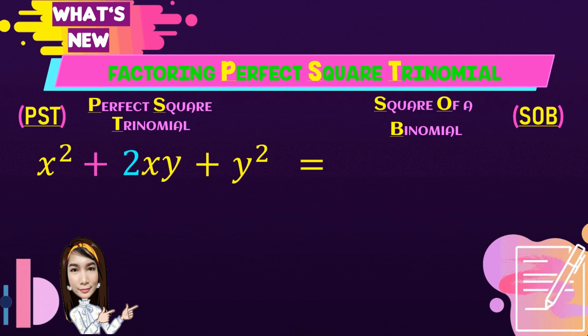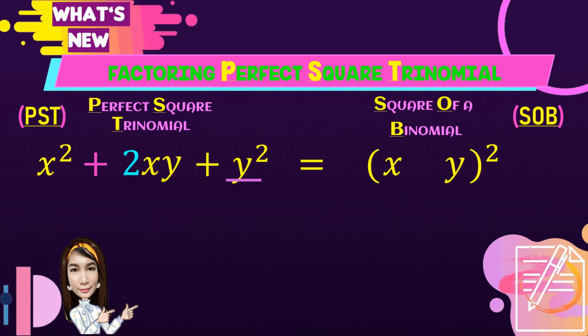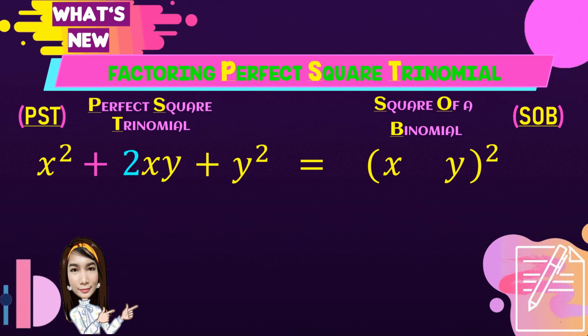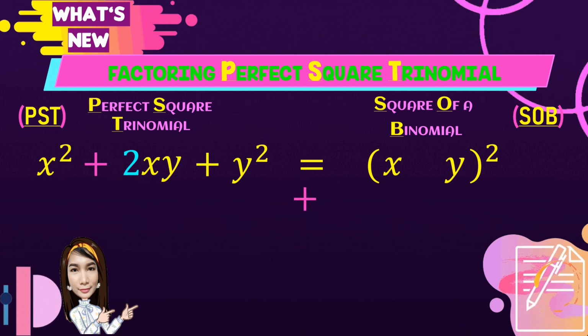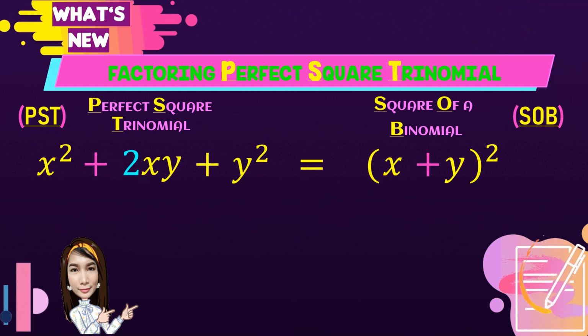To get the factor, we write it as the square of a binomial. Then we get the square root of the first term, x squared, we have x. Then the square root of the last term, y squared, we get y. And if the middle term of the trinomial is plus, the operation of the binomial is also plus. So we have the quantity of x plus y squared.